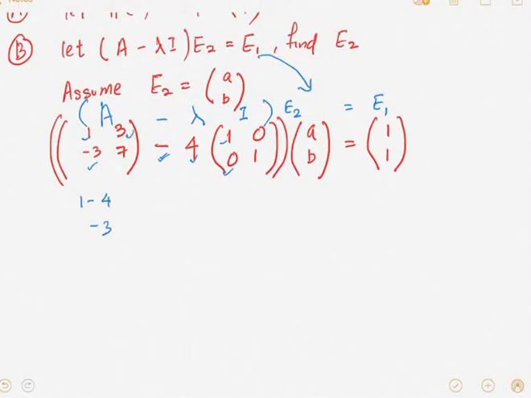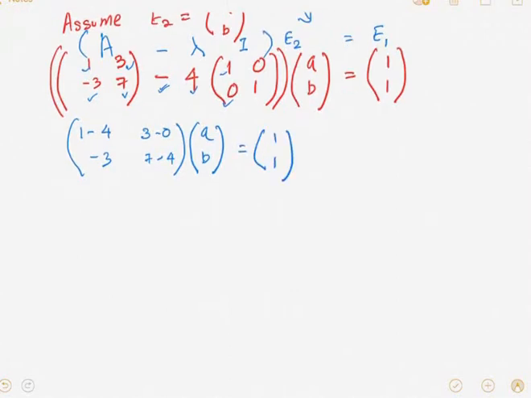Here you have 3 minus 0, and then this one is 7 minus 4. Then you copy down a and b equal to 1 and 1. So when you solve, you have negative 3, 3, negative 3, and 3.